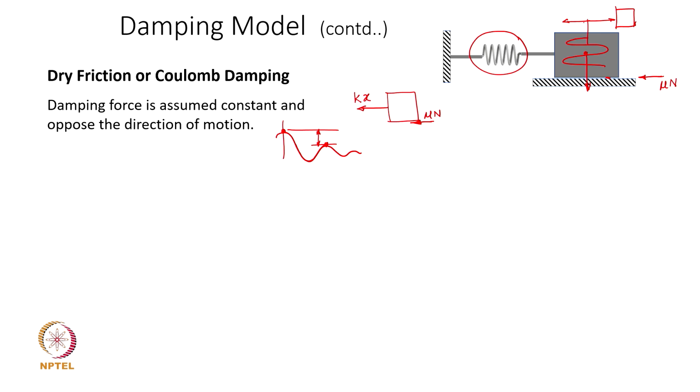So, in all of these cases, every cycle of oscillation dissipates some amount of energy, and therefore, less and less energy is available at the beginning of the next cycle, and therefore, you have smaller and smaller amplitudes generated in the subsequent vibratory response. That is the whole idea behind the damping mechanisms.